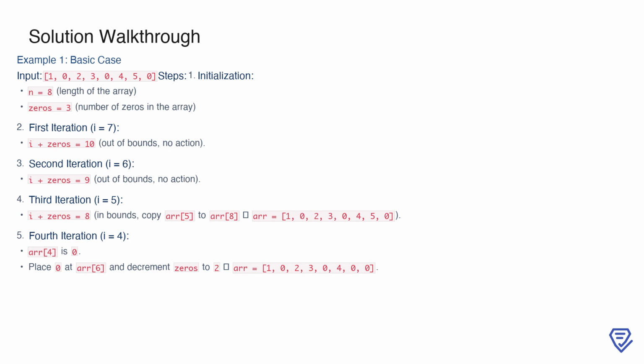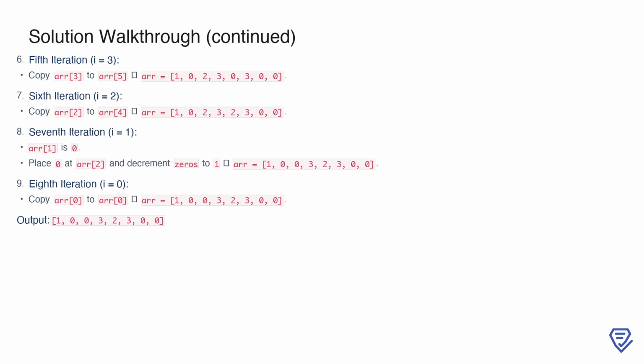This doesn't visibly change the array yet. At i equals 4, we encounter a 0. Here, we place a 0 at arr[6] and decrement the zeros count to 2. The array now updates to 1, 0, 2, 3, 0, 4, 0, 0. Next, for i equals 3, we copy the value at arr[3] to arr[5]. This updates the array to 1, 0, 2, 3, 0, 3, 0, 0.